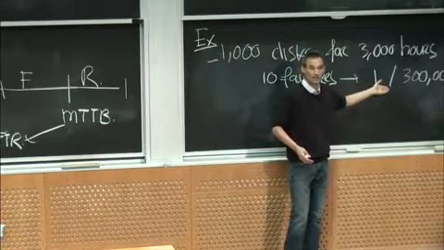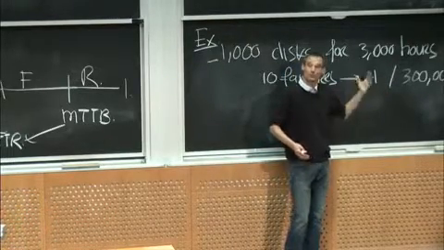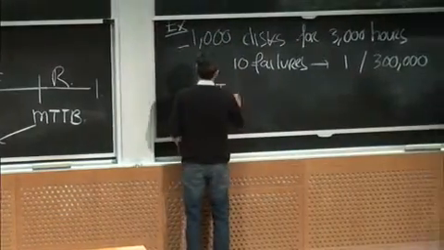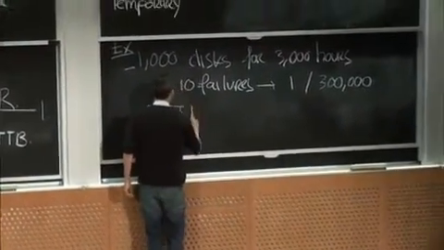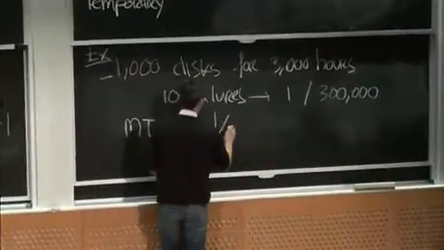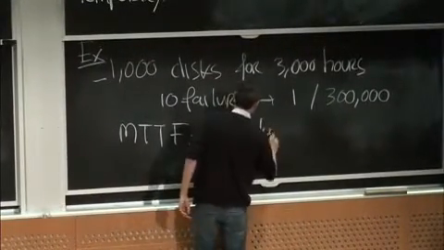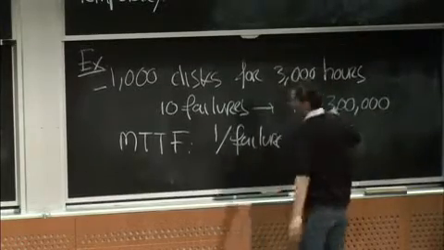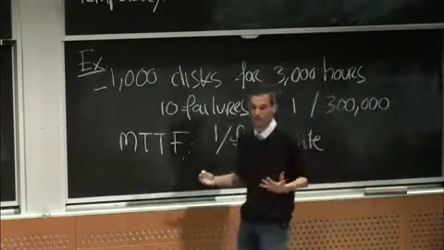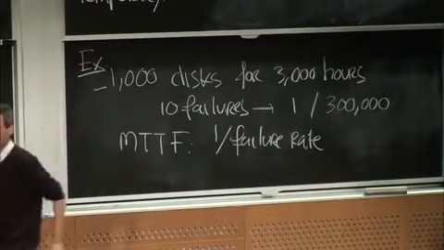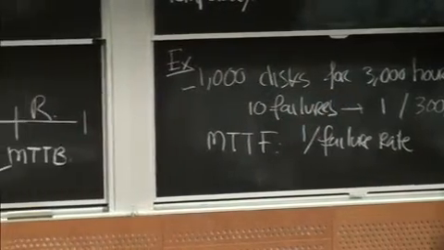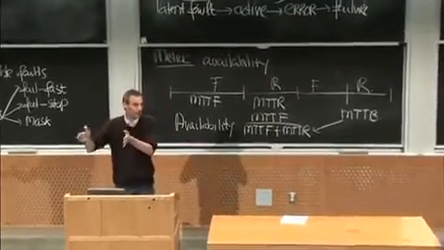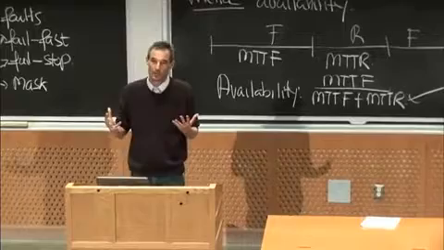If I assume the process is memoryless, I can just say the mean time between failure is going to be 1 over my failure rate, and that's going to come out to 300,000 hours. But that makes the assumption that repeating the 3,000 hours is actually memoryless.